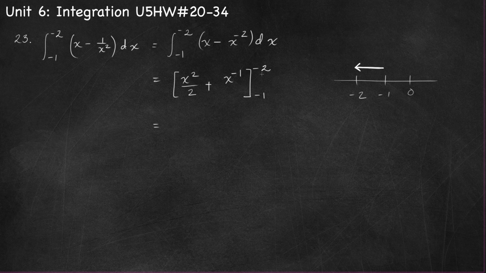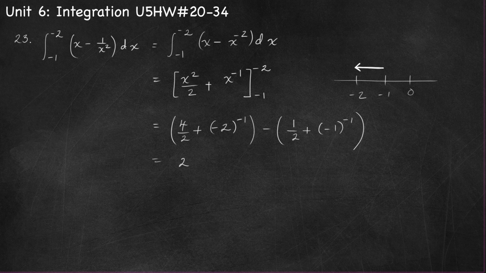So I'm going to substitute in negative 2 for x, and that's going to give me 4 over 2 plus negative 2 to the negative 1. We'll simplify that more in a moment. Now minus, and we're going to sub in our lower value. So negative 1 goes in for x, and that gives me 1/2 plus negative 1 to the negative 1.